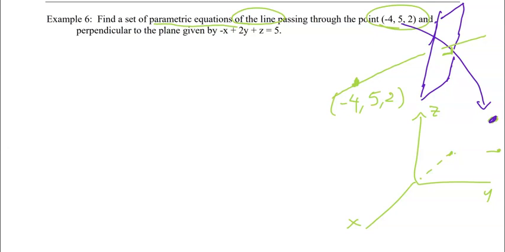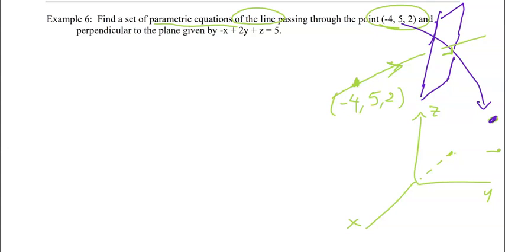So what do I need? I need a direction of the line, right? I have a point, I need the direction of the line to find the equation of a line. All right, so what is the direction of the line gonna be?